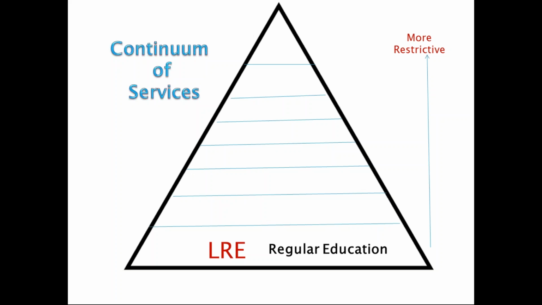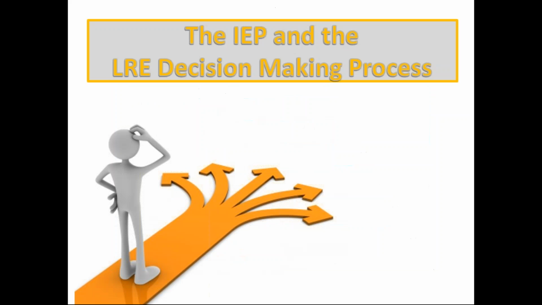The CSE must decide first if a classified student's needs can be met in the regular education classroom before considering a more restrictive environment. Remember, you are an equal member of the CSE and your input is important in this decision-making process.